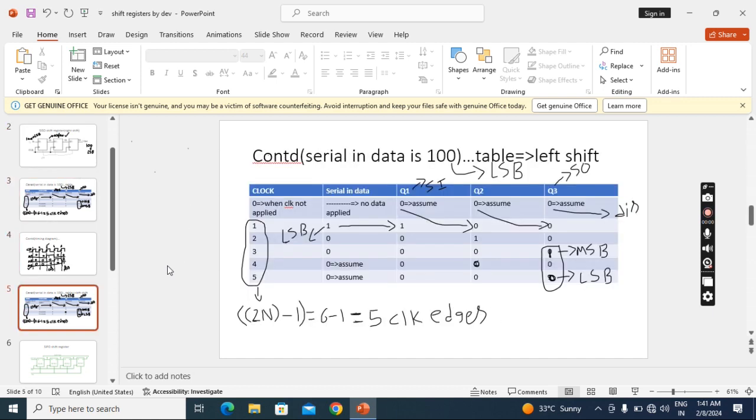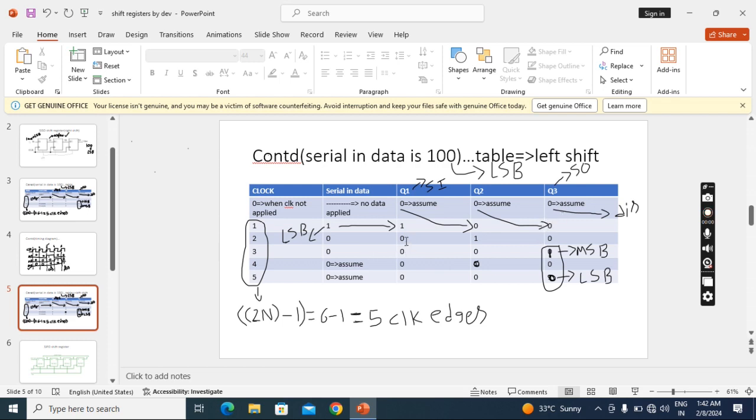This is the table. The first bit, 1, is going inside, so this 0 comes here, this 0 comes here, and this 0 is discarded. Now 0 goes in, so this 1 comes here, this 0 comes here, and this 0 is discarded. Now 0 goes in, this 0 comes here, this 1 comes here, and this is discarded. Now this 0 comes here, this 0 comes here, this 0 comes here, and this is stored.